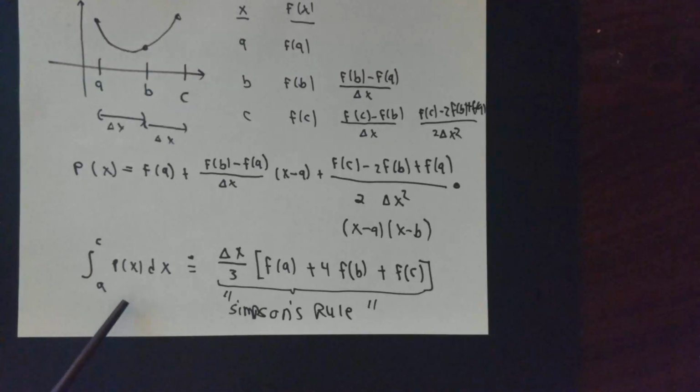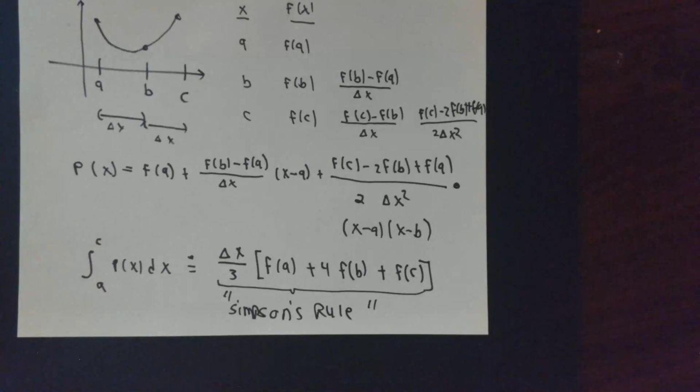I'll have the function value at one end, the function value at the other end, and 4 times the function value in the middle. This is called Simpson's rule. If you do as we did with the midpoint rule, put an additional point in and ask how does that change your approximation to the integral, just as with the midpoint rule, you find out that it doesn't.